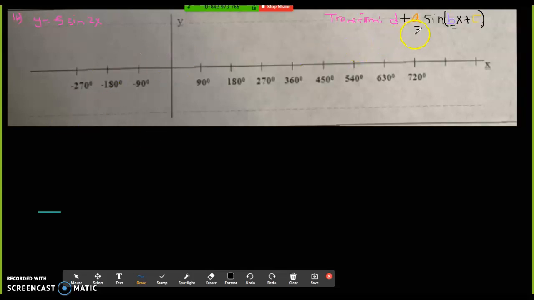And we could find the change to the amplitude and the period by looking at A and B. So as we do this, let's talk about first identifying what our amplitude and period are.